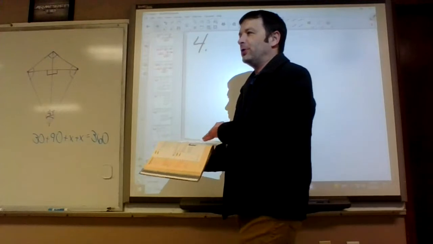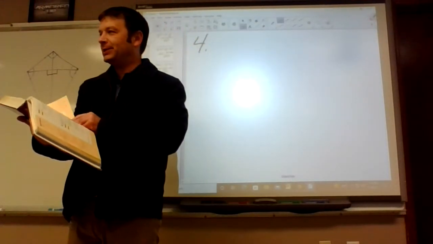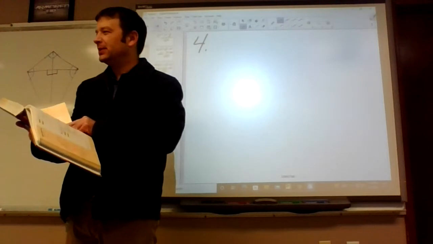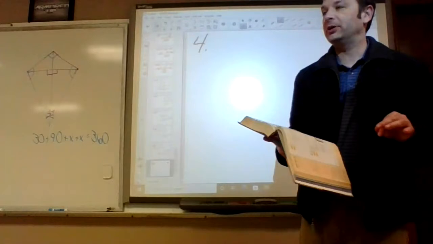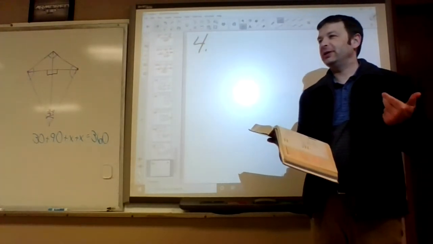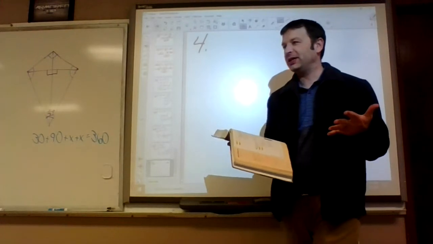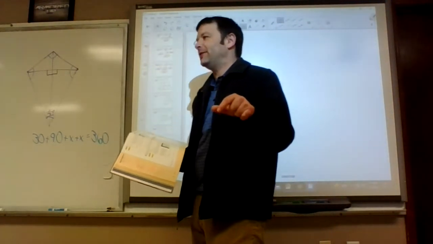On number 4, if you multiply those 3 factors together, do you know what you would get? I'm not going to do 4, I'm just going to talk about it a little bit. If you multiply those x's together, you get x cubed. But you see how one of the x's is a negative x?